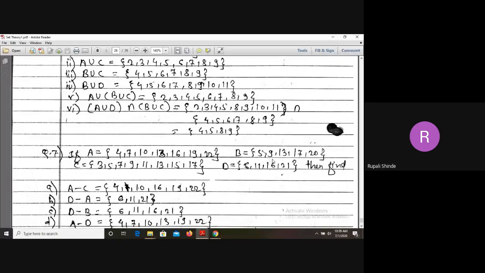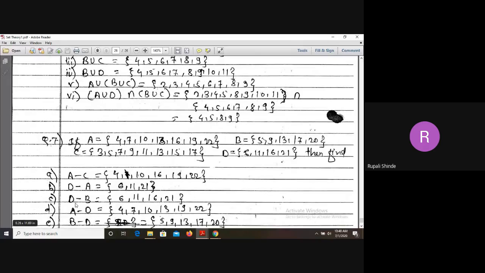That's why we are not going to consider this one for D minus A. Now next one is 21. That is not present in A. So we are going to consider that element. So D minus A will consist of 3 elements, 6, 11 and 21.